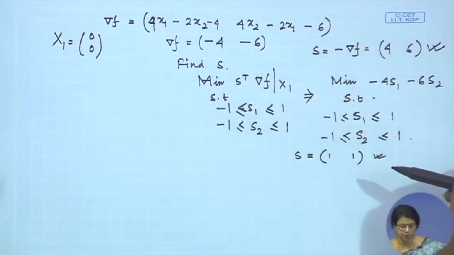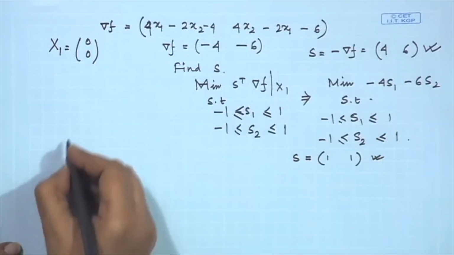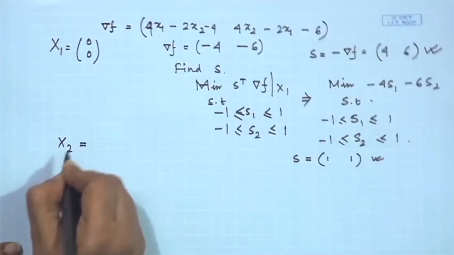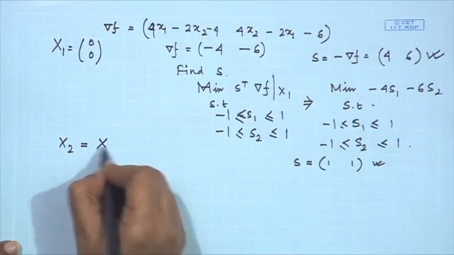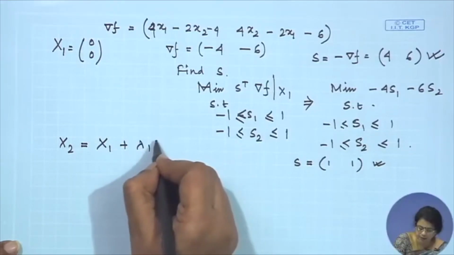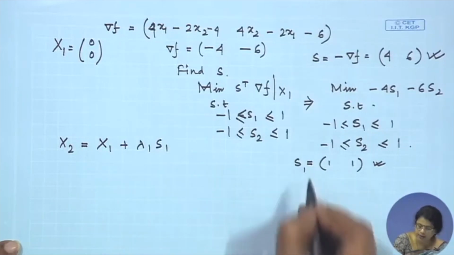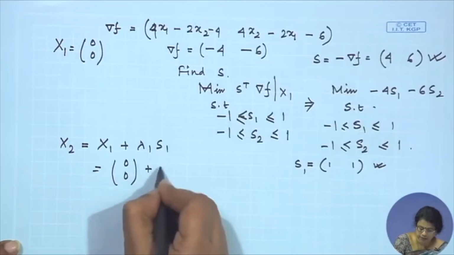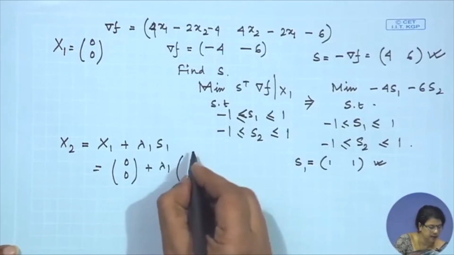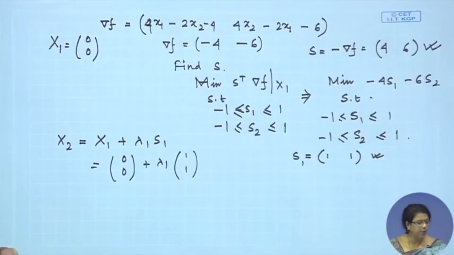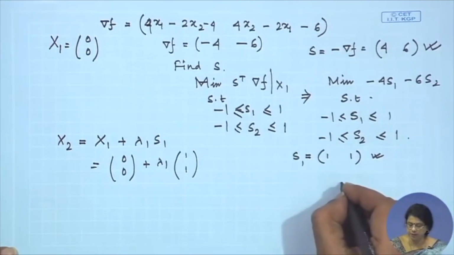Our target is to move to the next, that is why from x1 I will move to x2. How will I move to x2? I will move to x2 as x1 plus lambda 1 S1, where x1 is 0 0 plus lambda 1 times 1 1. I want to remain within the feasible space.